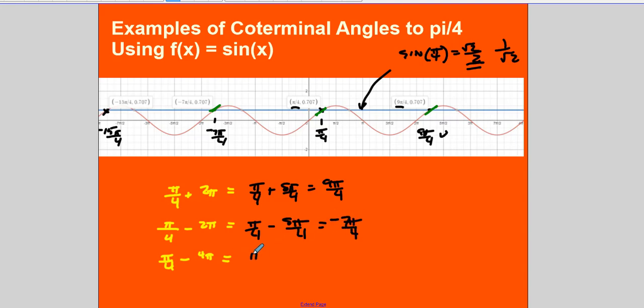Then minus 4 pi, that's minus 16 pi over 4, which is going to be -15 pi over 4. And all these things show up on our graph where we graph sine x versus sine pi over 4, which is again the blue horizontal line.